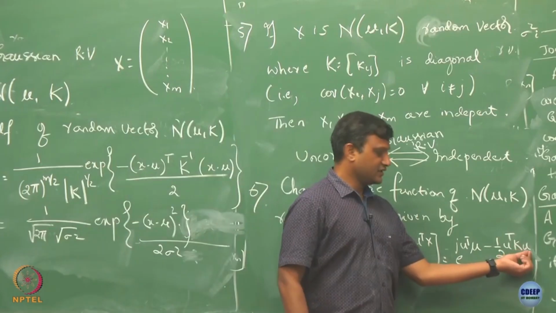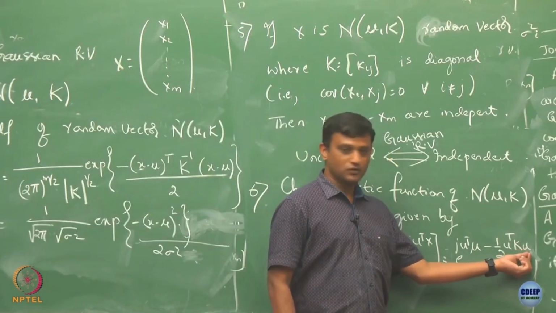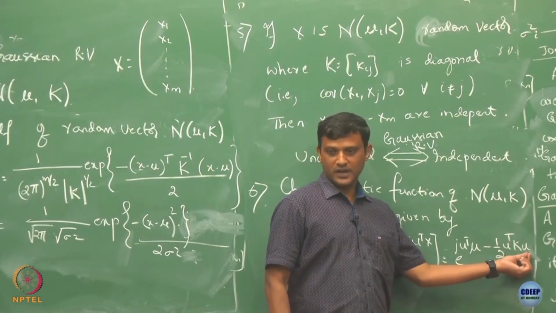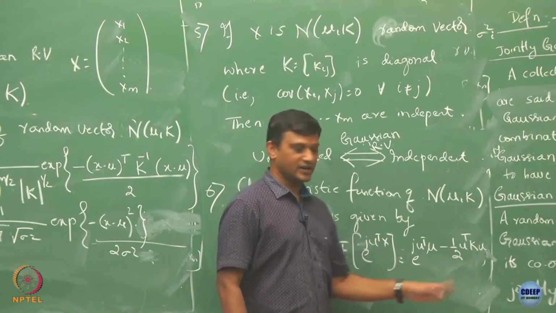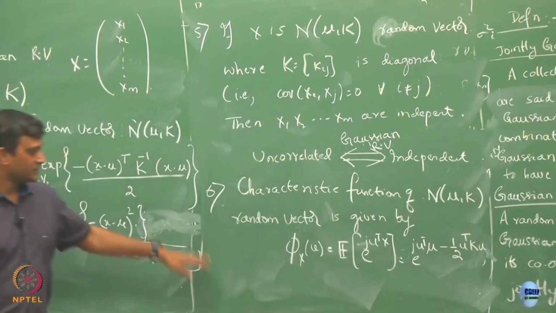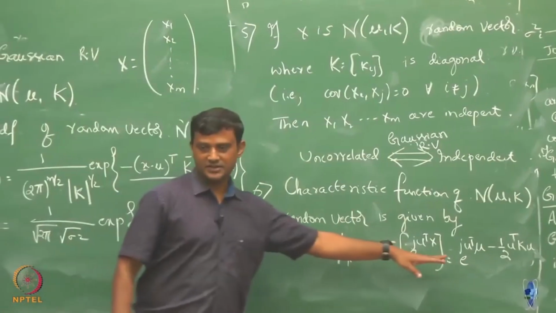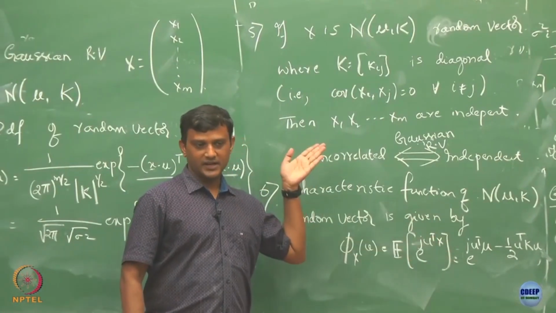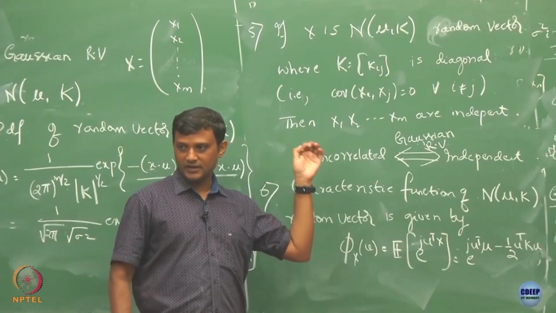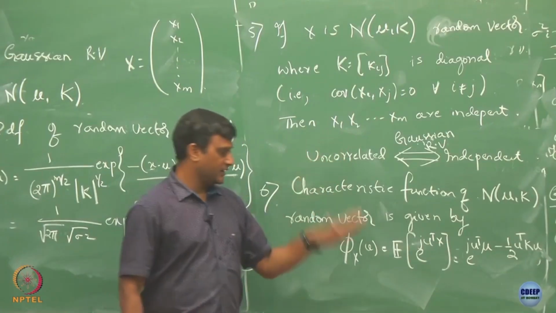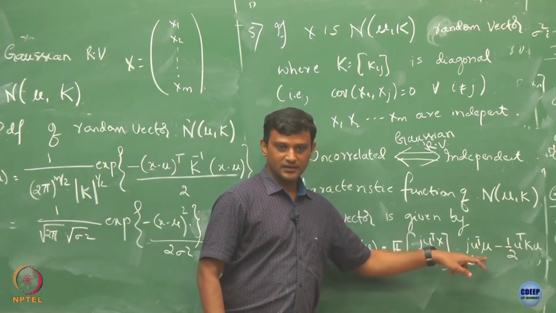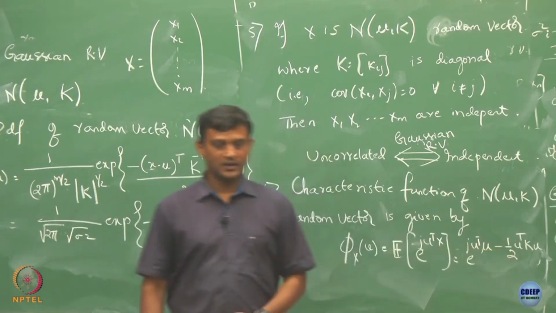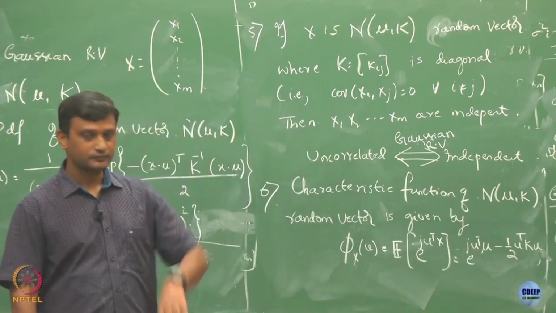K is a matrix, u is a column vector, so K u is going to be one column vector, and then u transpose times that is going to give you just one real number. You see that it is very similar to what we get for the characteristic function of a Gaussian random variable, but in the Gaussian random vector you have to deal with vectors, so that is why the transpose and the matrix have come there.